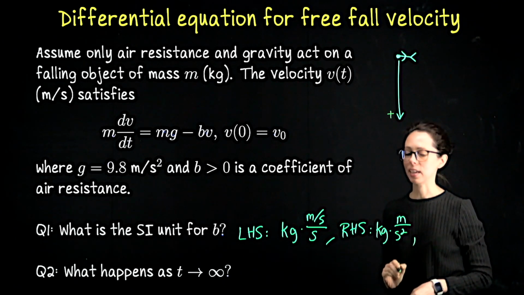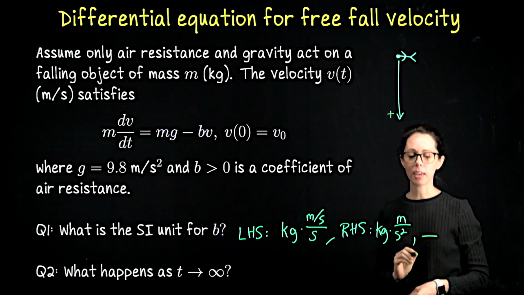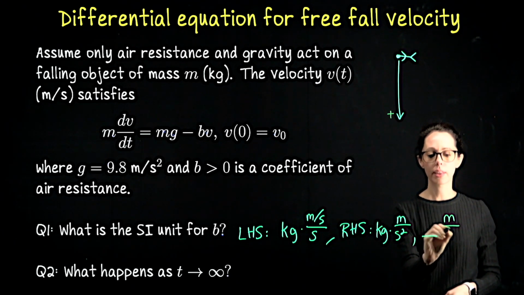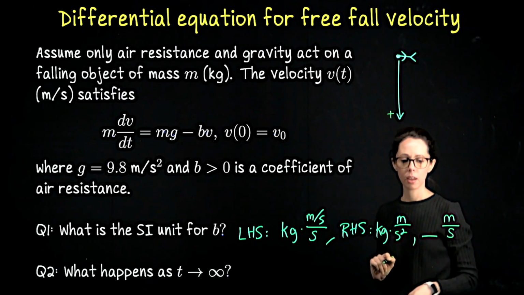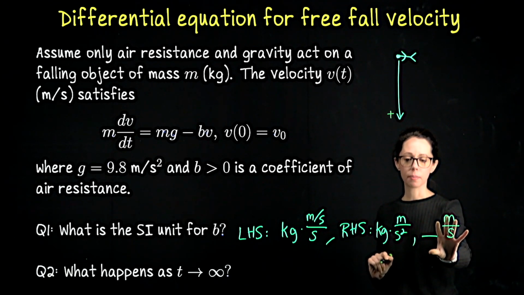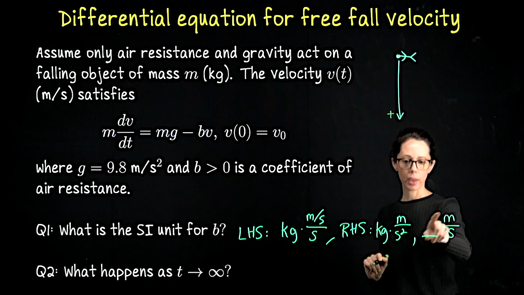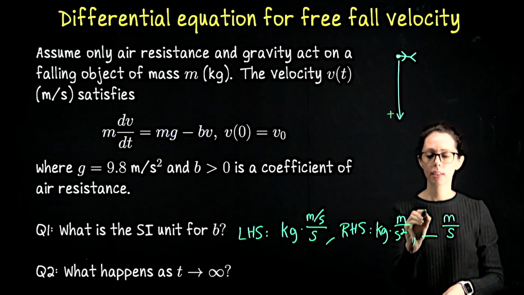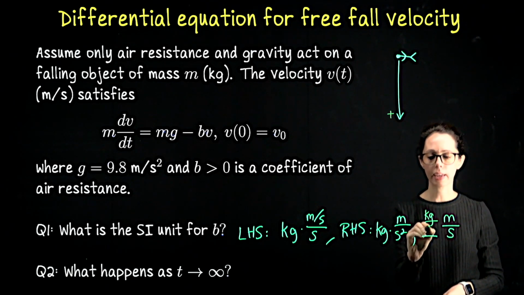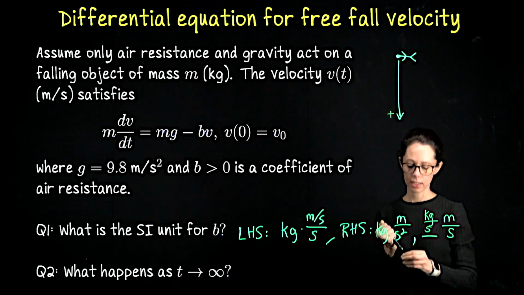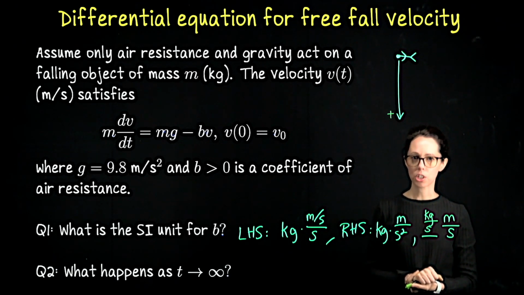And then what we're missing is the unit for b times velocity itself. So that's meters per second. What we would like for this product to be is kilogram meter per second squared. So we have a meter, we have a second, so we need kilograms per second. So that is the SI unit for that coefficient due to air resistance.